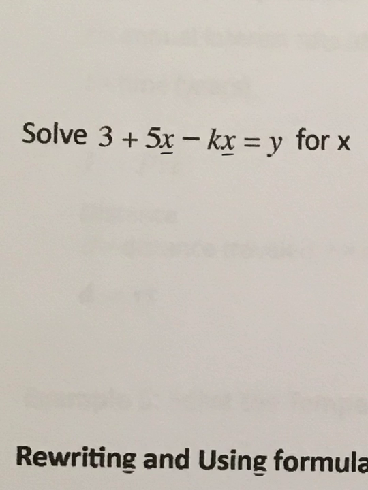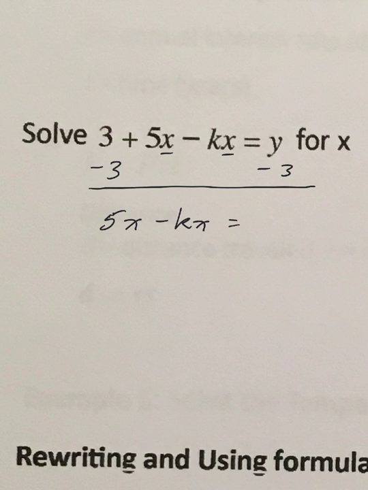So there's 2 things we could do first. Any preferences, Sergi? What would you do first? That sounds good to me. Subtract the 3 first, so that the only terms on that side are going to be the ones with the x's. So I'll rewrite this as 5x minus kx equals y minus 3, or minus 3 plus y. Your choice.